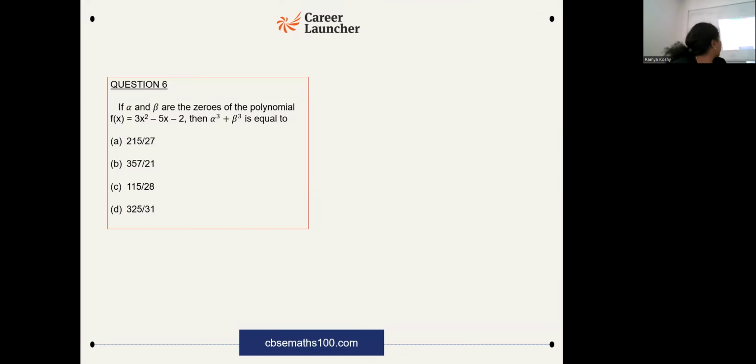You should find the value of alpha cube plus beta cube, if alpha and beta are zeros of this polynomial.